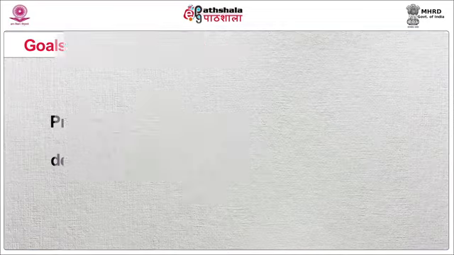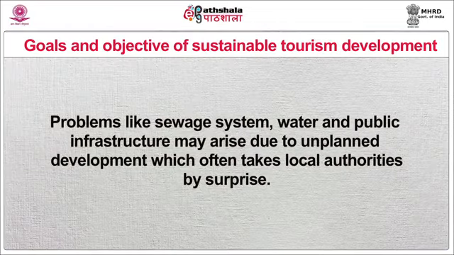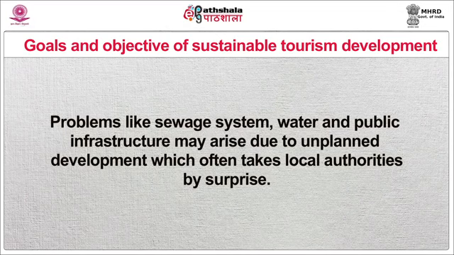like resorts, hotels, restaurants, shopping malls, casinos, and the unplanned development by the local people in backward or poor areas due to the entry of a large number of unskilled people seeking jobs in the tourism industry. Problems like the sewage system, water and public infrastructure may arise due to unplanned development, which often takes local authorities by surprise.